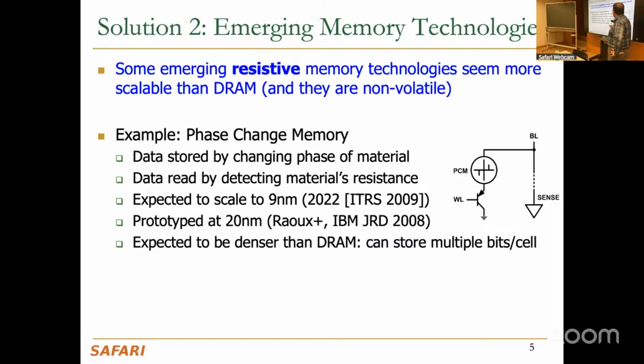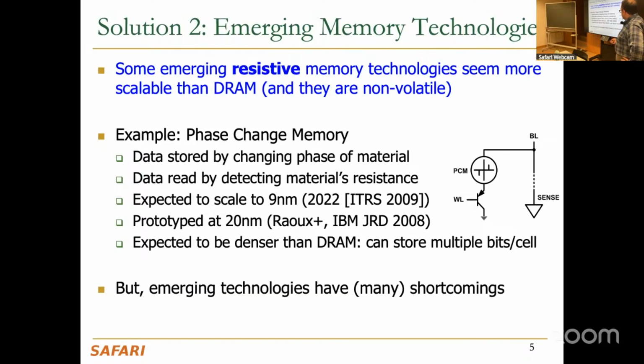But essentially, in ITRS 2009, they expected it to scale to 9 nanometer, and we have a prototype of this memory at 20 nanometer from IBM in 2008. It's expected to be denser than DRAM because it can store multiple bits per cell. That's also a property that flash memory has, that you can store multiple bits per cell, but with an essentially different technique.